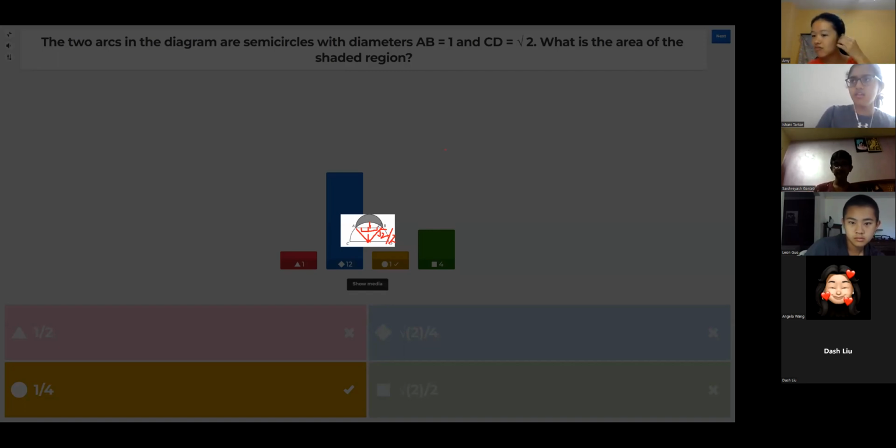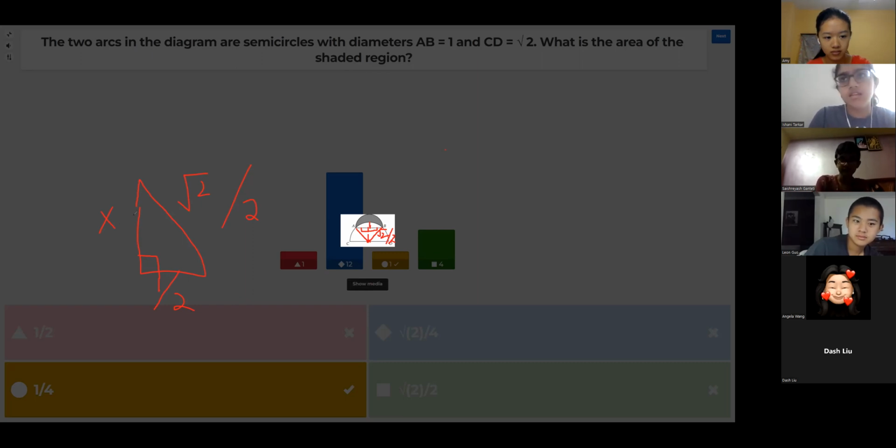Each has radical 2 over 2 as the hypotenuse and 1/2 as the base. Using the Pythagorean theorem, we'd get x squared plus 1/4 is equal to 2/4, so x squared is 1/4, so x is 1/2.